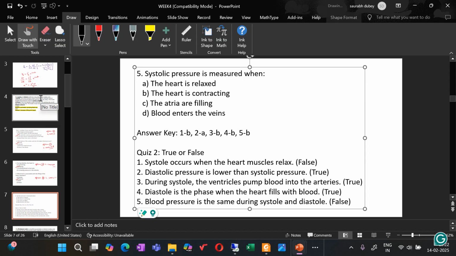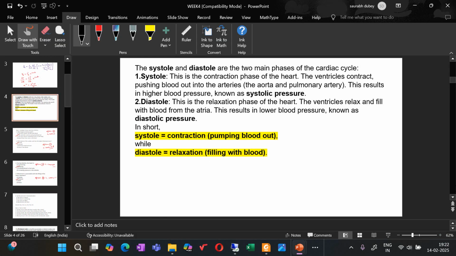The systolic pressure is measured. This is the higher pressure one. So if I say this was the contraction that we were talking about, and in the contraction this is the high pressure situation and this is the low pressure situation, right?